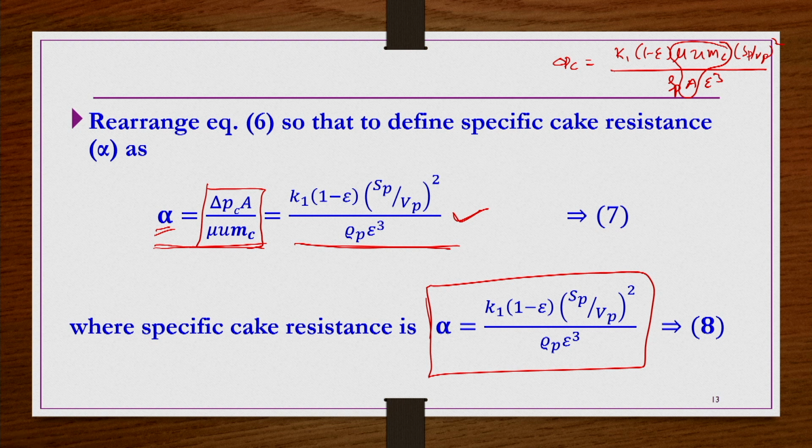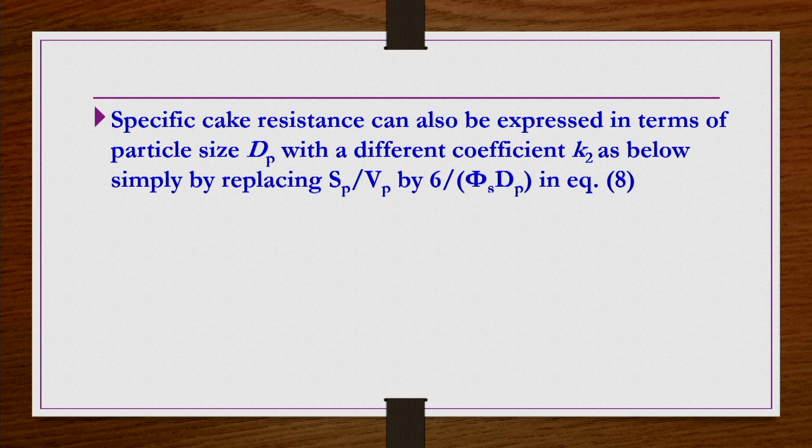Remember, in experimental cases we do not know Sp by Vp for unknown particle size and shape in general. So we are trying to further simplify this equation so that we can calculate alpha without this information. In general, specific cake resistance can also be expressed in terms of particle size dP with a different coefficient K2, by simply replacing Sp by Vp by 6 by pi s dP.